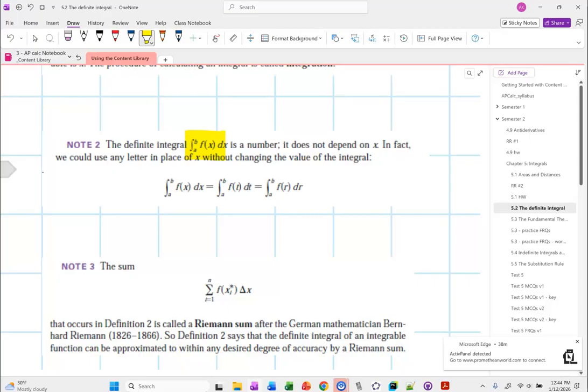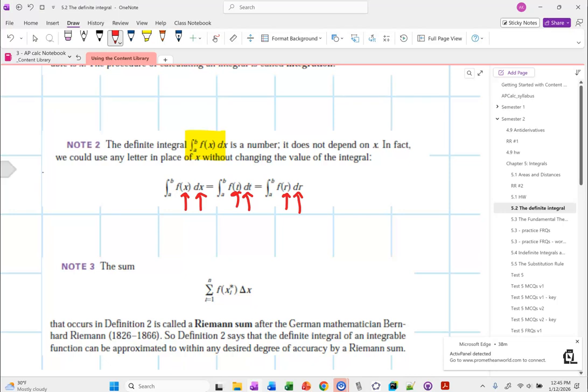So the name of the variable we use here doesn't really matter. Everything else should be the same, whether we want to call our variable x, t, r, whatever. The area under the curve is still going to be the same area. It's going to come out to be the same number.